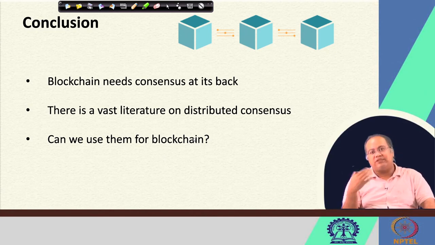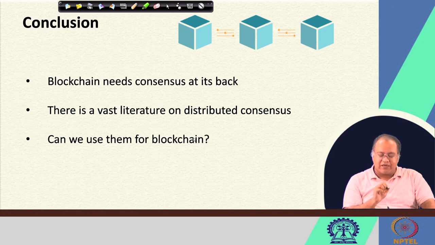That way you need to run some kind of distributed consensus algorithm, and there is a vast literature on distributed consensus. There are multiple different algorithms, but the important question is: can we use those algorithms for blockchain? This is a pretty interesting question, and in the next class we are going to find out the answer.